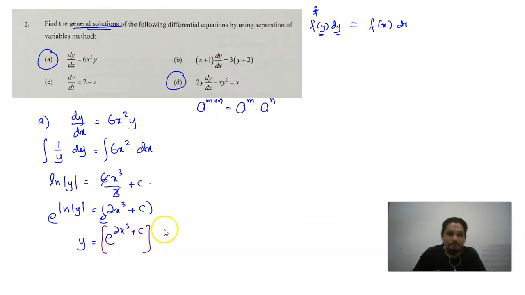For this one here now, y equals e to the power of 2x cubed multiplied with e to the power of c.